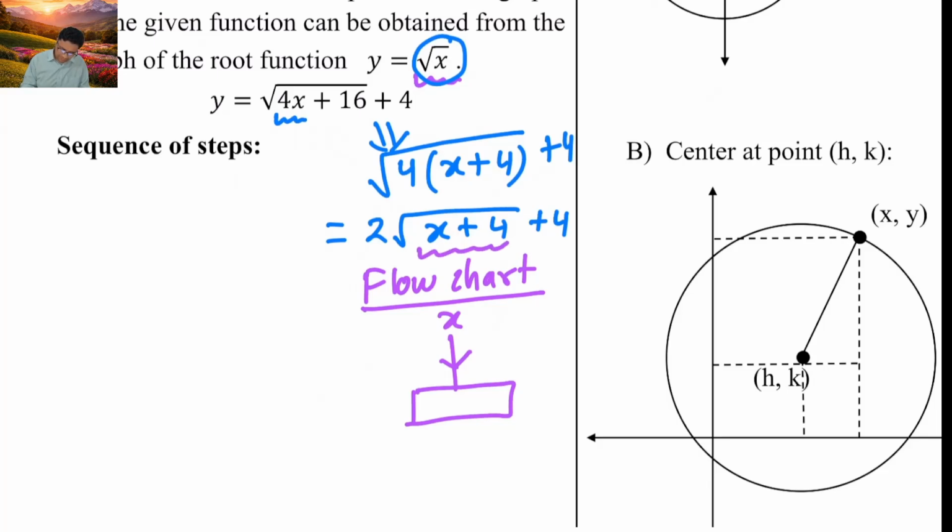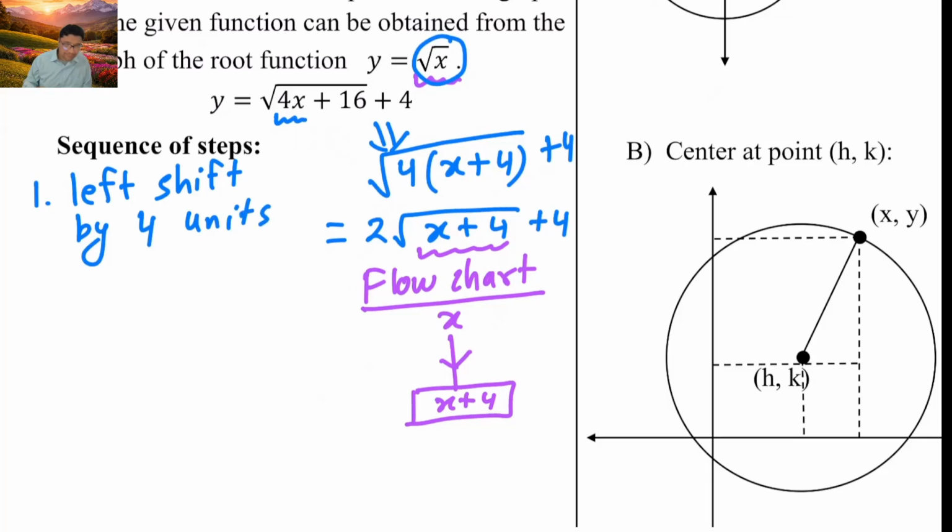First, x plus 4. So your first step in the sequence of steps, step number 1, is left shift, right? Adding plus 4, so left shift by 4 units.